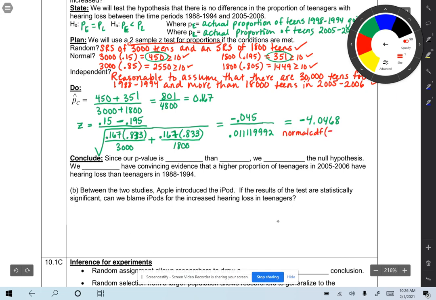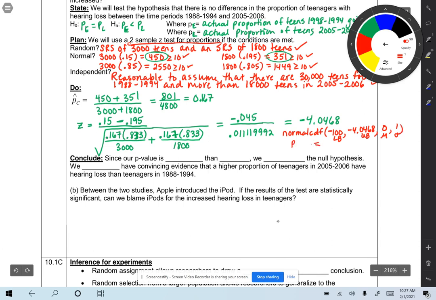And our lower bound can be negative 100. Upper bound can be, or it has to be, negative 4.0468, mean 0, standard deviation 1. Okay, and that gives you a p-value.